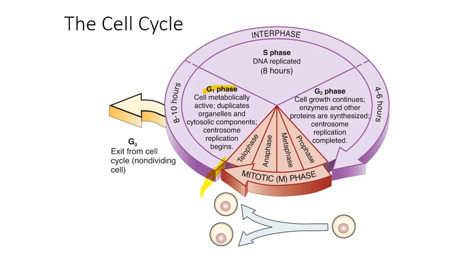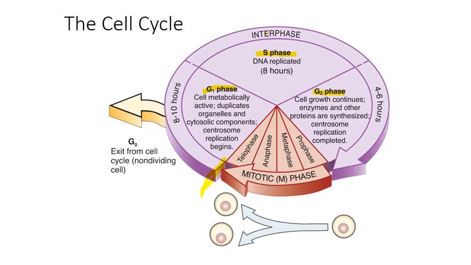The phase after G1 is called S phase. S stands for synthesis here. In the synthesis phase, that's where we're going to replicate the DNA. So this is where DNA replication happens. So we take our one strand of DNA or our single DNA, and then we make an identical copy of that DNA. After synthesis, then we go into G2 or growth 2.